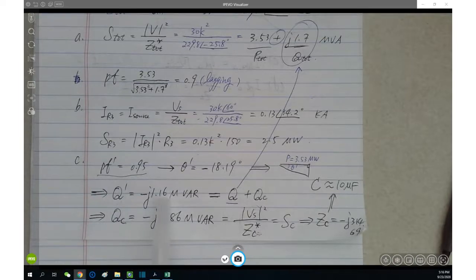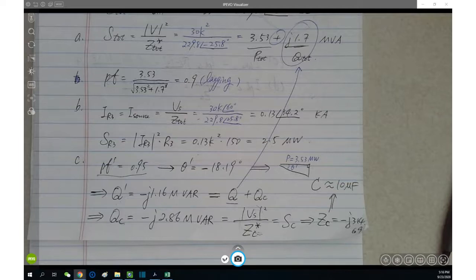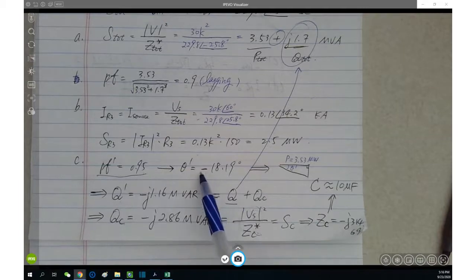So for the power factor, why is it negative 18.19 degrees? Your new power factor is 0.95, and you do inverse cosine, end up with 18.19. And this is leading, so it must be negative.